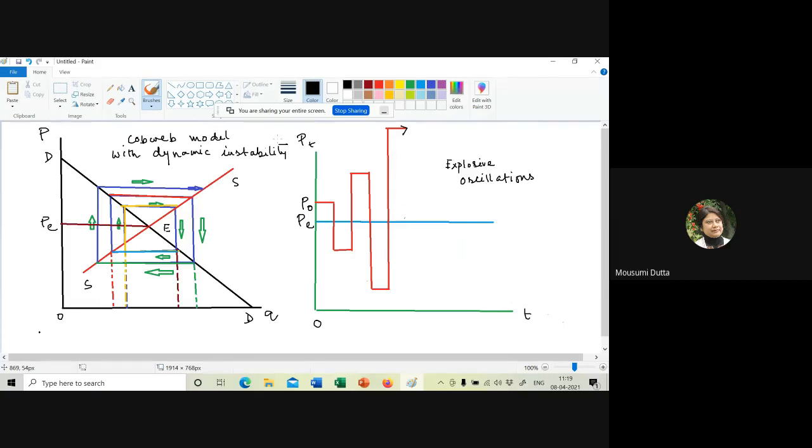The entire exercise considers that price is at an off-equilibrium position, and then the question is whether it will move towards the equilibrium or not. So your starting point is off-equilibrium, not equilibrium.